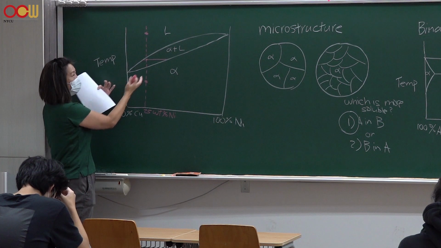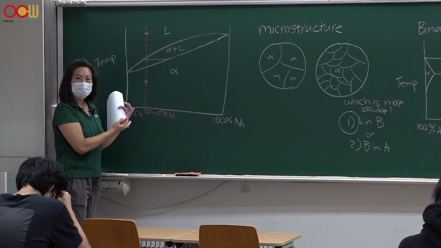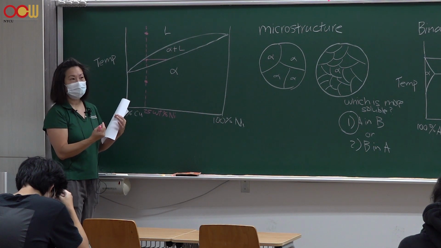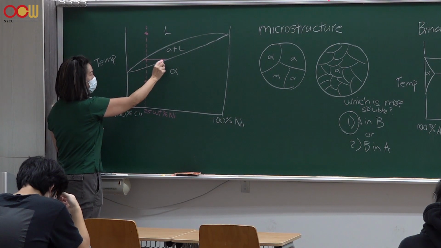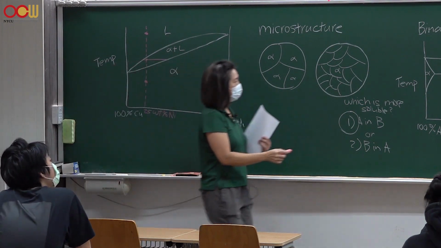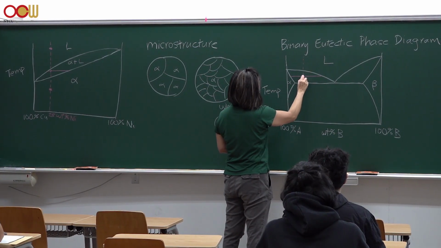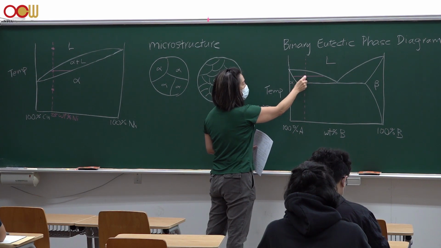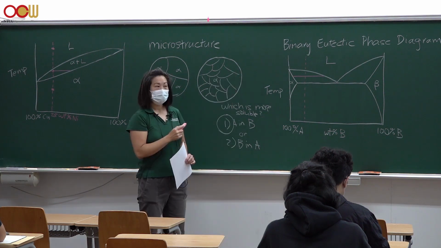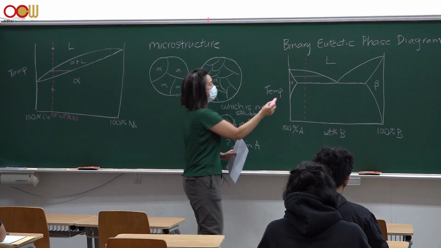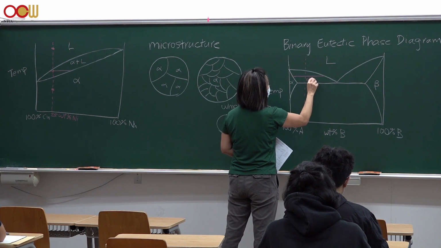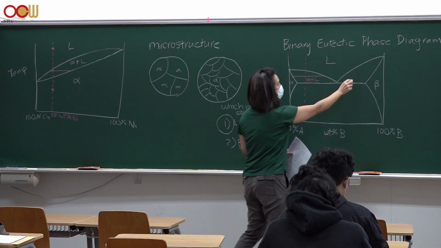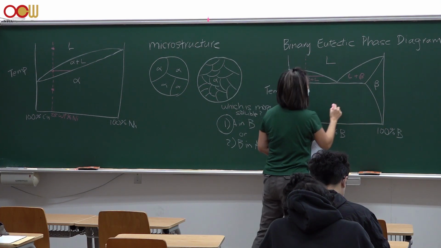So all of these regions within the phase diagram have only one or two phases possible. If you draw a tie line across here, we can find out the percentage of the two phases in this region, alpha and liquid, right? So in here we have alpha plus liquid. What about in here? And then what about here?